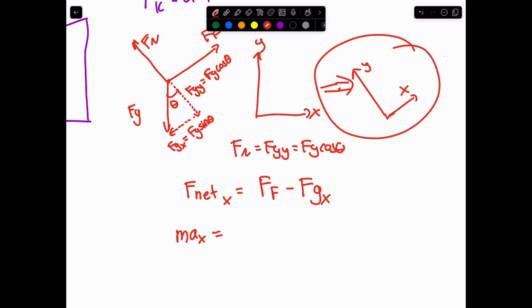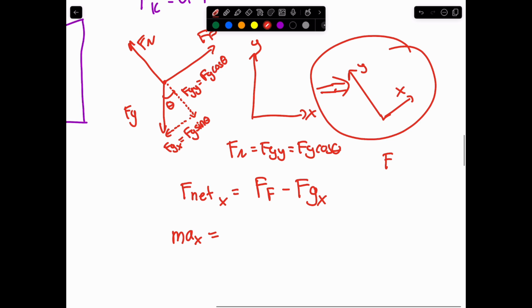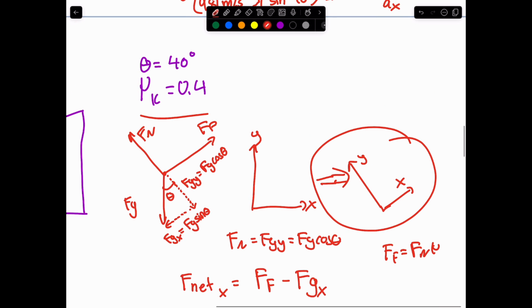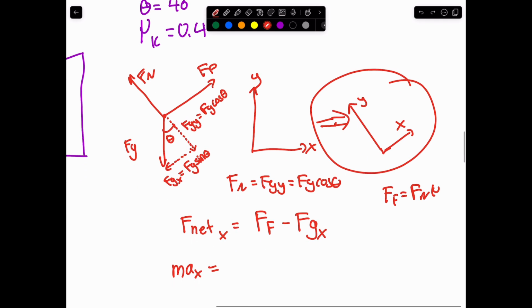Ff, if you remember the formula for the force of friction, it's equal to Fn mu. Mu is the coefficient of friction, Fn is Fn, and we were given mu in the problem. Mu for kinetic friction is 0.4 between the block and the ramp. So Ff is equal to Fn mu.